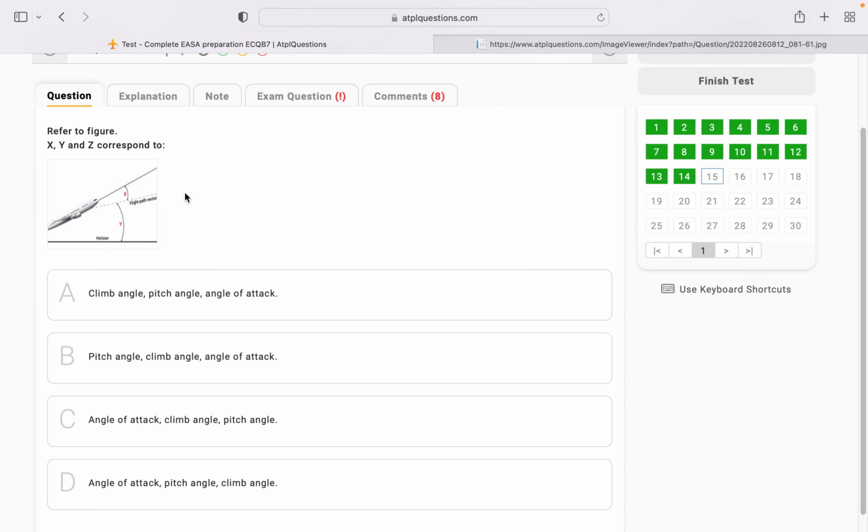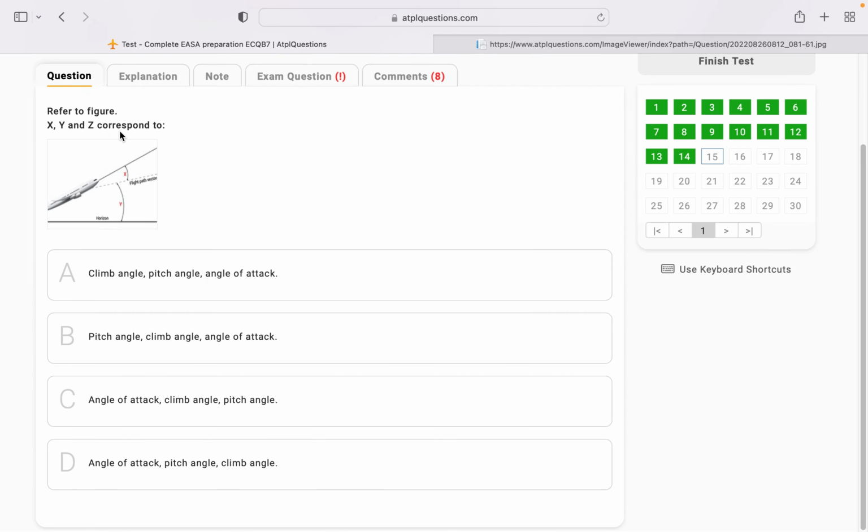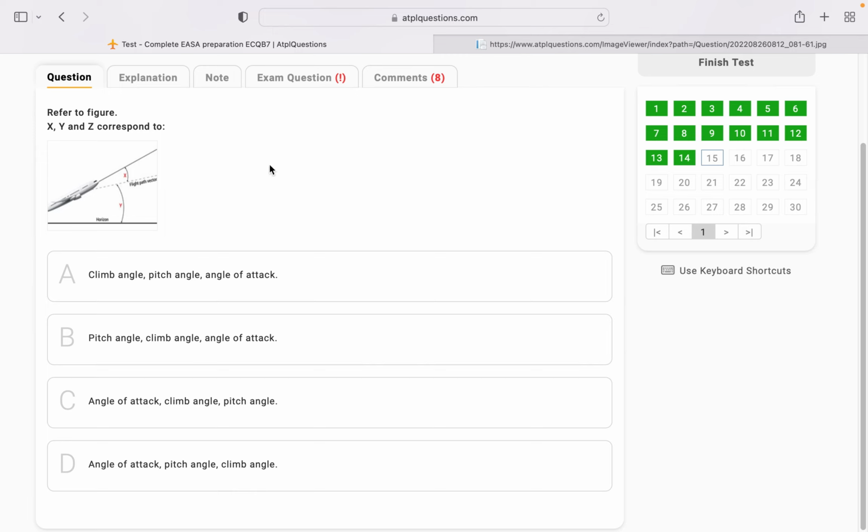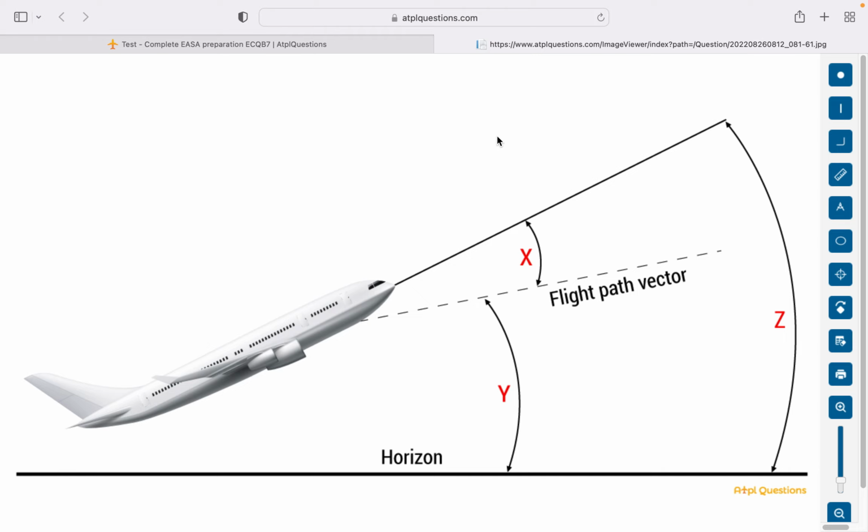Okay, according to the diagram, according to the figure, we must find which angles they are: climb angle, pitch angle, and angle of attack. First of all, the line of the horizon and the longitudinal axis.